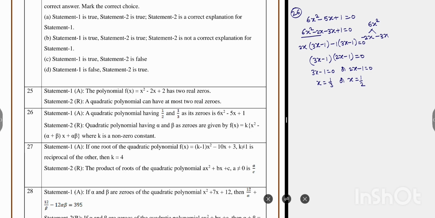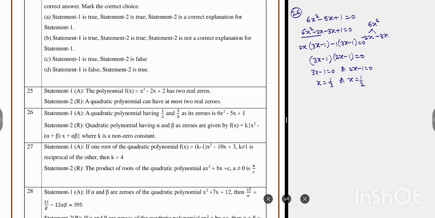Even the reason, what is it? A quadratic polynomial having alpha and beta as zeros is given by f of x is equal to k times x square minus alpha plus beta into x plus alpha into beta, where k is a non-zero constant. Yes, this is also true, and you can find it another way also using this formula.